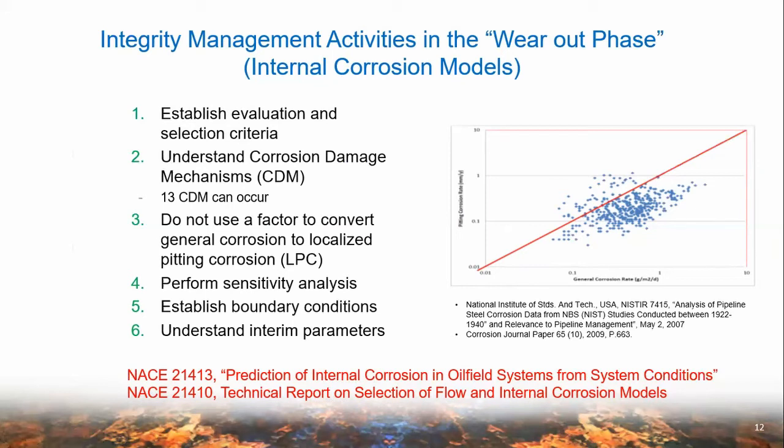For example, if your operating condition is 80 degrees centigrade, and the model is validated up to 80 degrees centigrade, do not use the model above that temperature. Finally, understand the interior parameters used in the model. Don't assume that the model is a black box. Understand the interior parameters, the science behind the model.